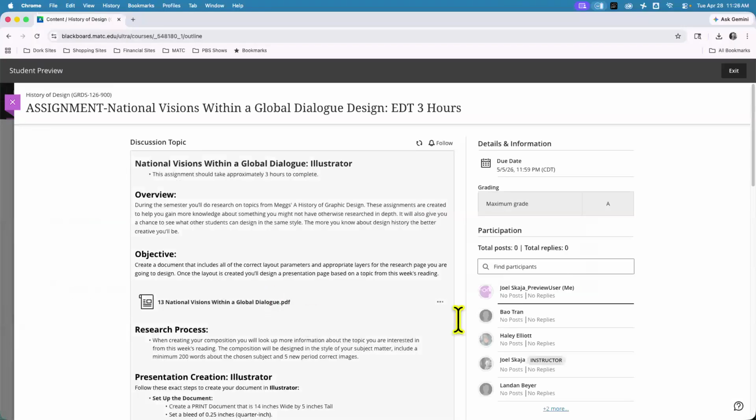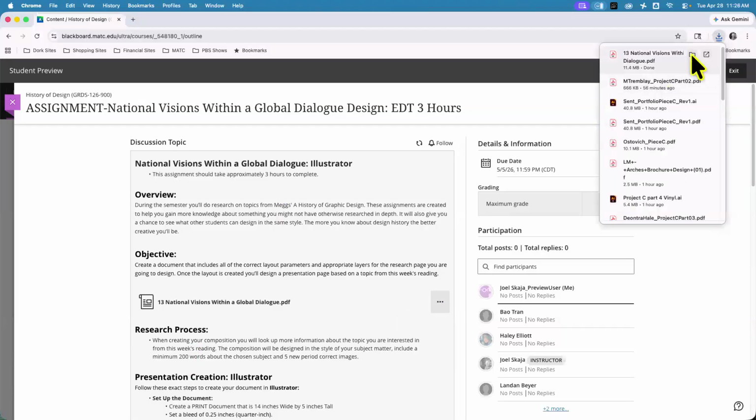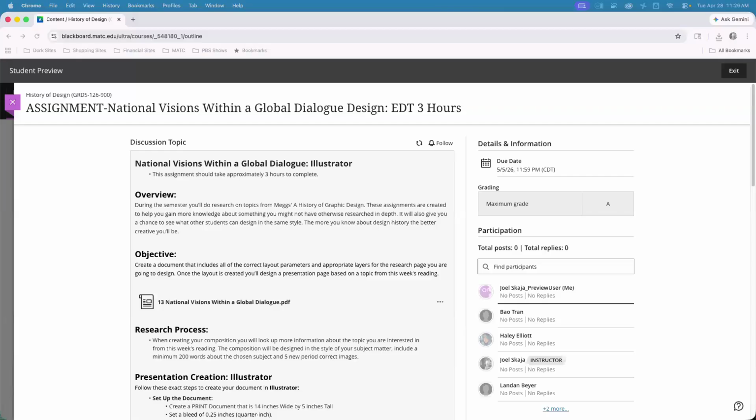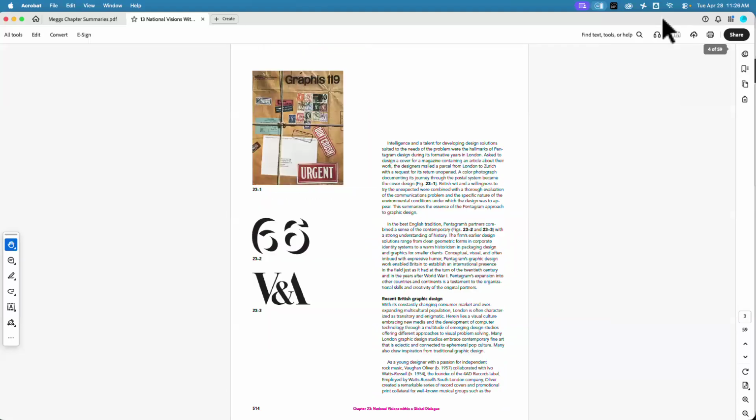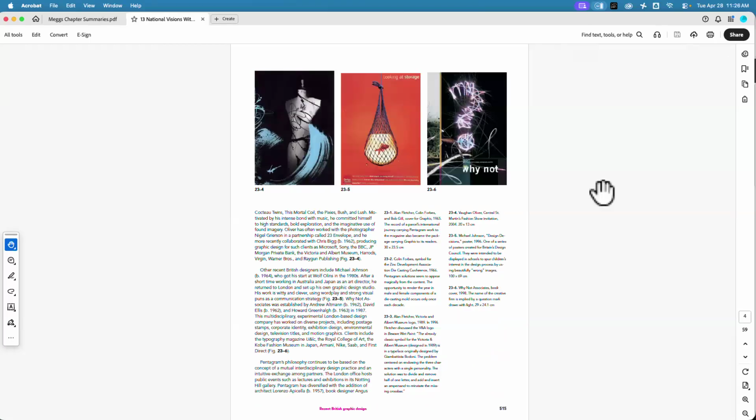For this one, of course, look through the book. Find something in the book that sparks your interest, a design style, a design area, whatever it may be. Cruise through it. Look at that, so rad.